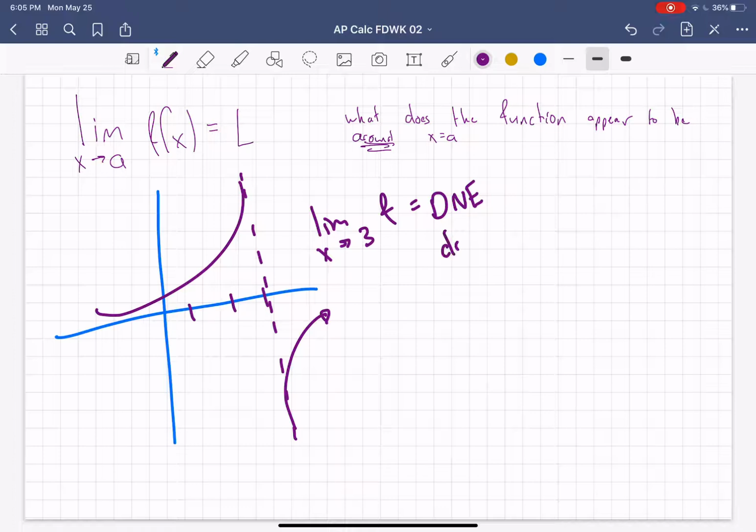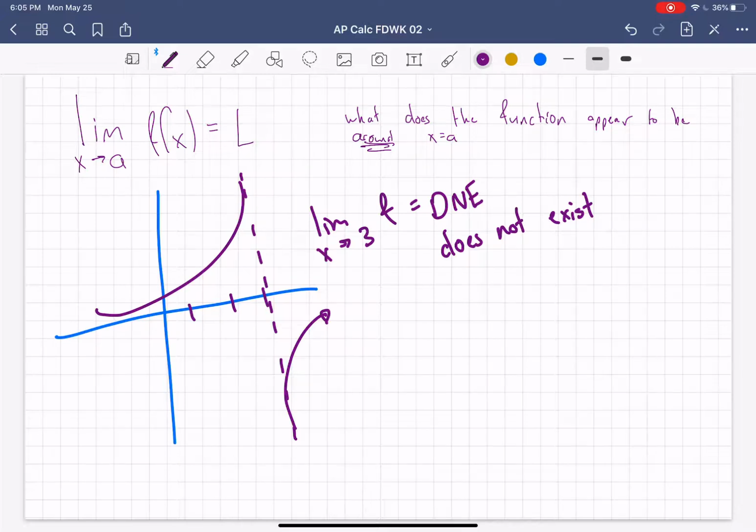So this would be an example of where our limit does not exist. The graph is not clear. It's not equaling to something on either side. It's not that there's a gap in the graph, it's that there is a big disconnect between the sides of this equation.